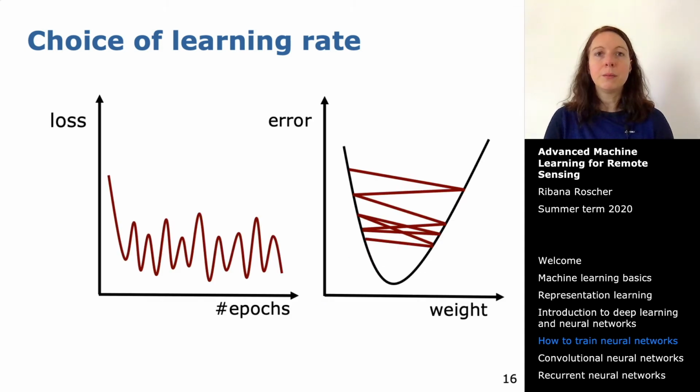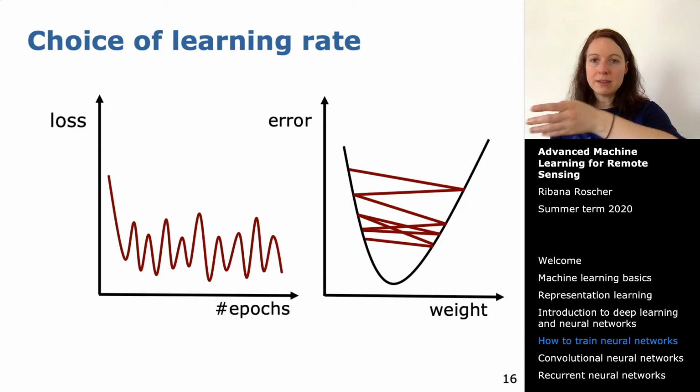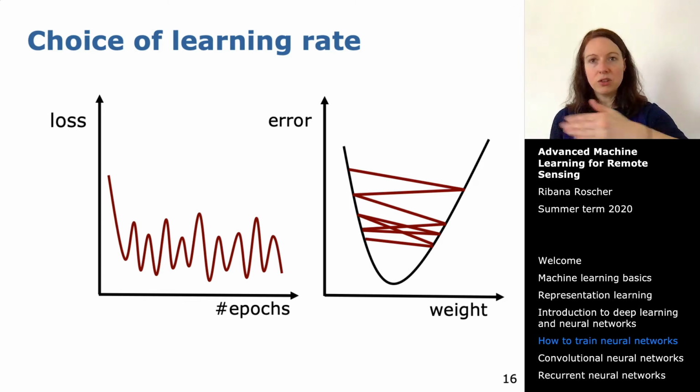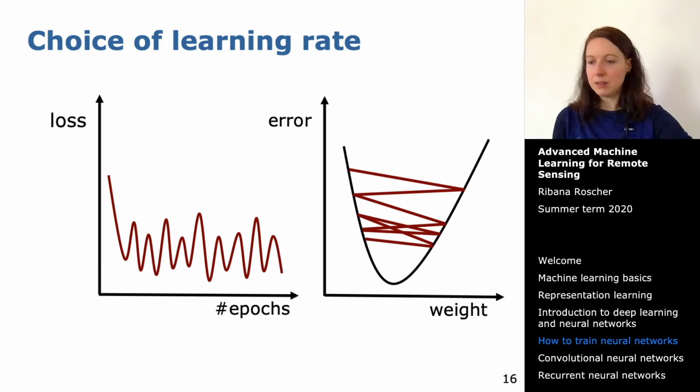Another indicator that you should decrease your learning rate is when the loss curve jumps around. You can see it when you look at the epochs, and at some point it's not decreasing anymore, it's just jumping around like this.